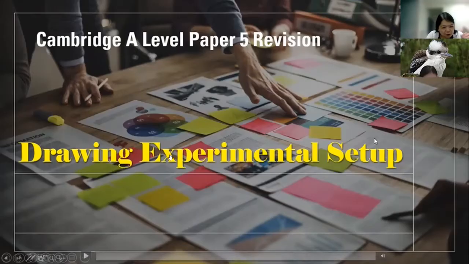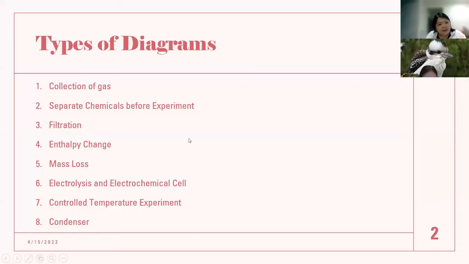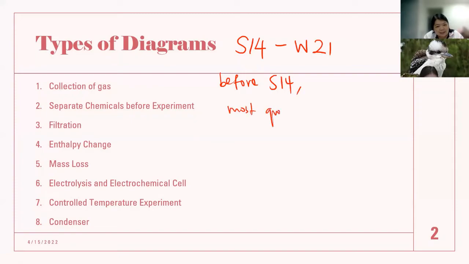Now, drawing experimental setup. I analyzed the questions from summer 14 until winter 21. The reason why I started from summer 14 is because before summer 14, most questions were essay type.